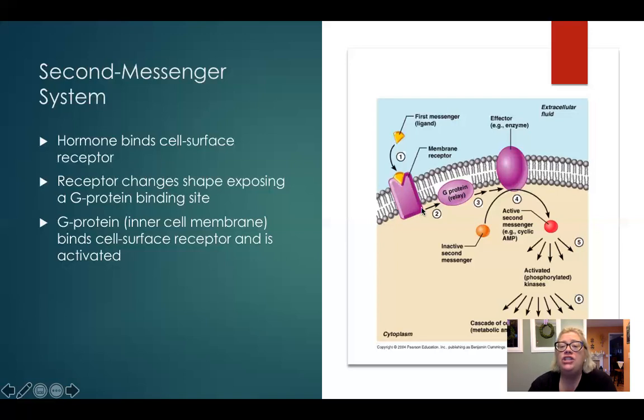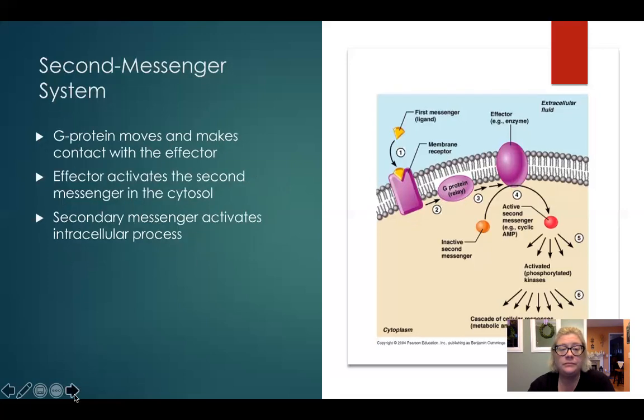And when it changes shape, a portion of the receptor that is on the inside of the cell is going to reveal a G protein binding site. And that G protein binding site is going to bind to the G protein, and when it binds to the G protein, we're going to see that the G protein is going to become activated.